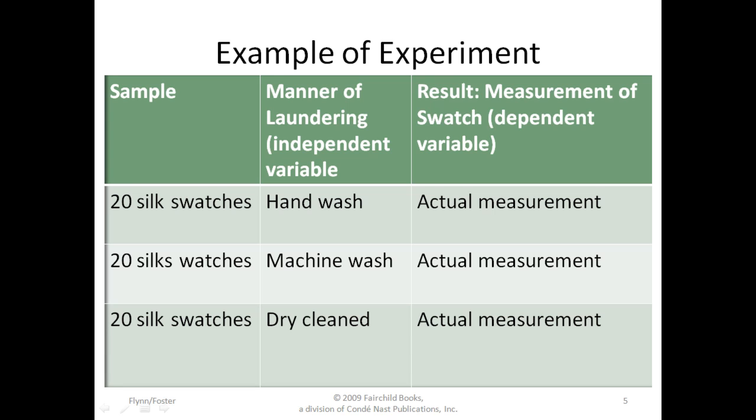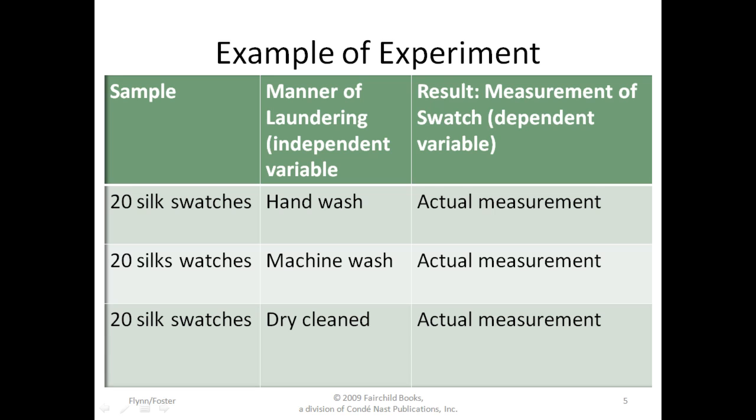Laundering is our independent variable, and our dependent variable is going to be the measurement of the swatch. We're looking at the different forms of laundering and how they change the swatch. We're going to look at shrinkage, so shrinkage is going to be our dependent variable.